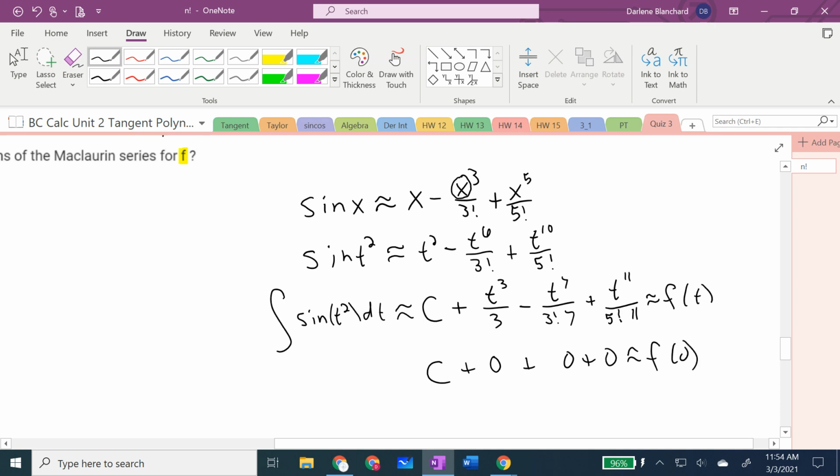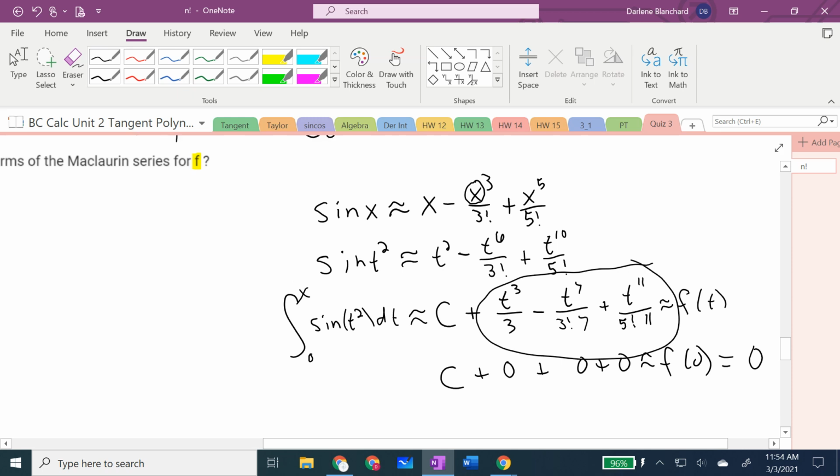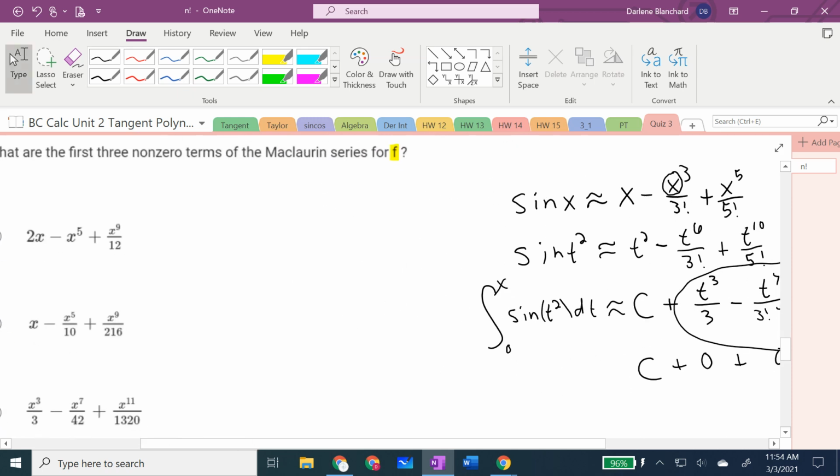So I'm getting basically that that constant must be equal to 0. Or if I integrated from 0 to x, I would see that I plug x in, and then minus I plug 0 in. That constant, if you have it there, will subtract itself away. So either way, we are looking for these terms, but I think probably with an x.